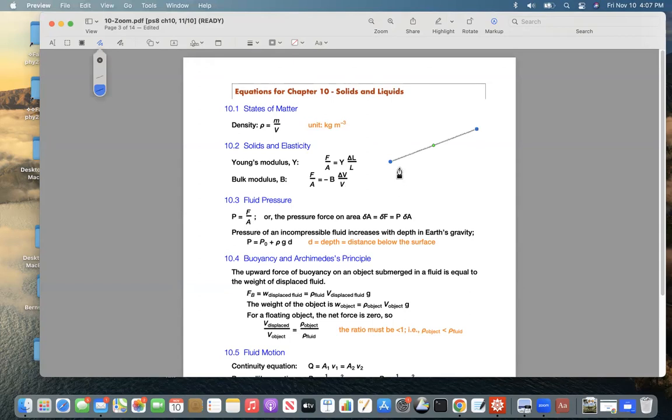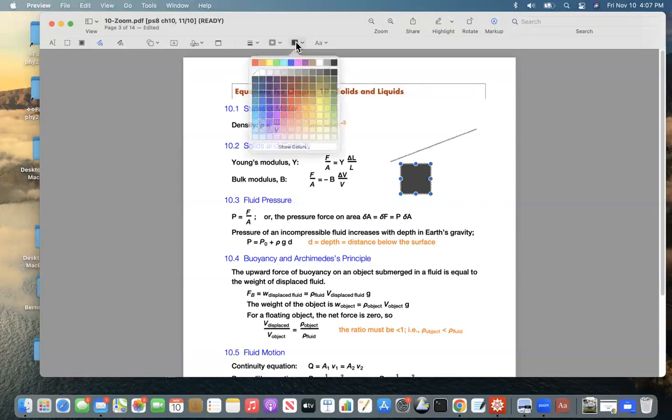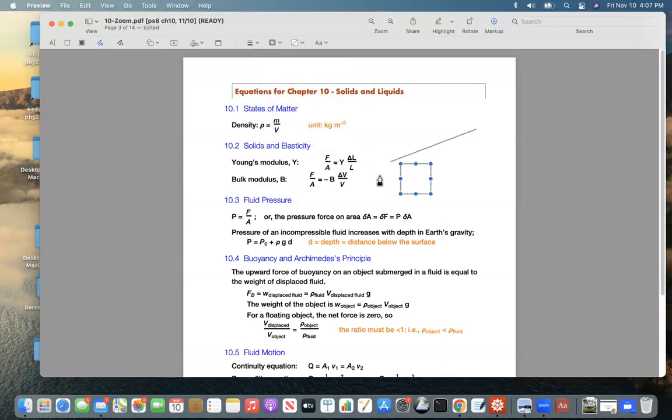And then there's the bulk modulus. So this estimates this elasticity of a sample of matter that is not long and skinny, but just kind of a 3-dimensional volume. So for any material, there's a parameter Y called Young's modulus.